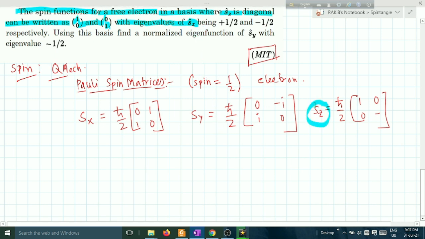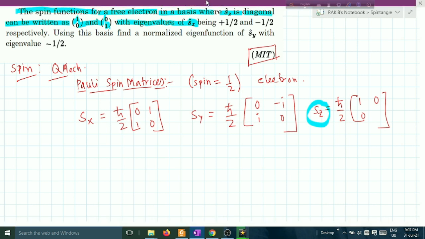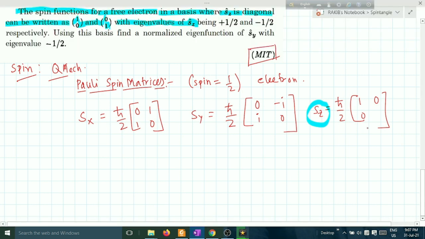This is the Sz operator, with entries 1 and minus 1. The spin functions for a free electron in a basis where Sz is diagonal can be written as (1, 0) and (0, 1) with eigenvalues of Sz being plus half and minus half.